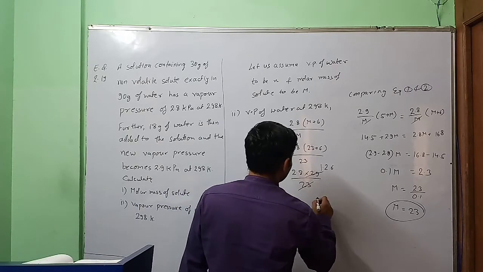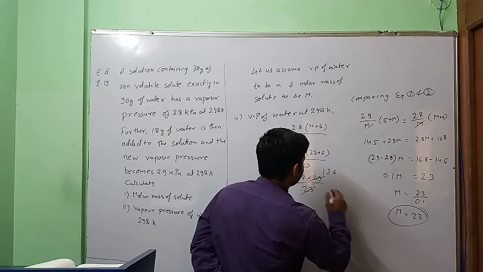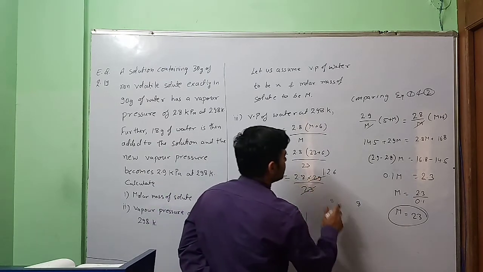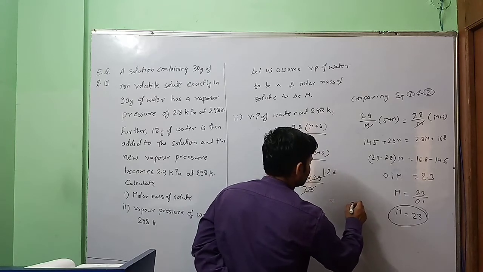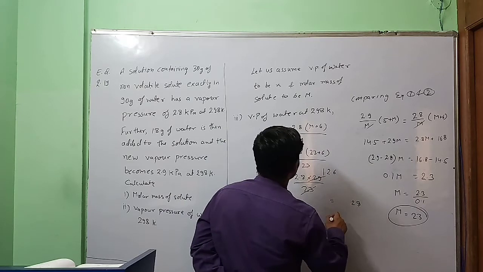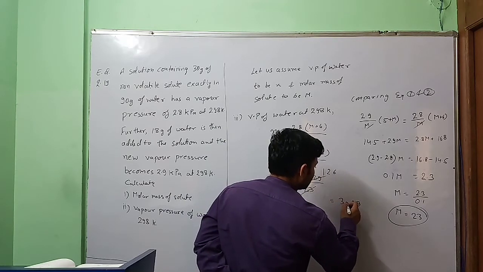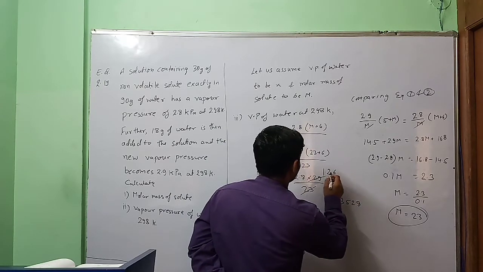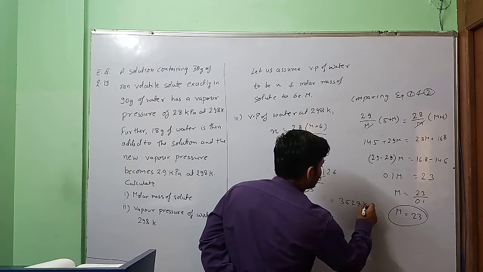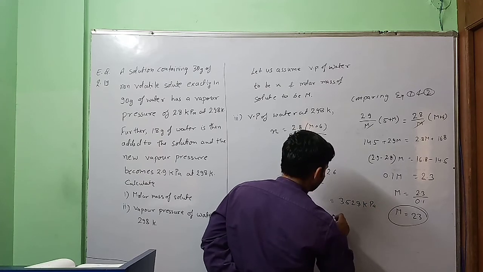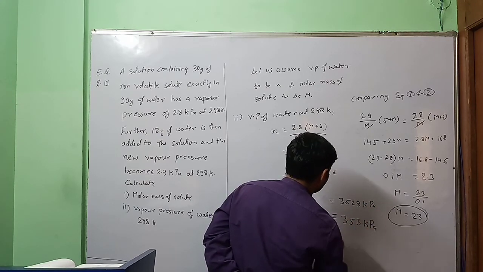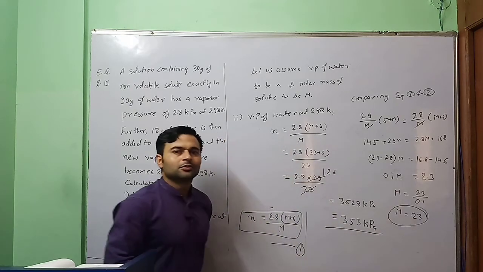So the value of X we will get: 28 into 6 is 168, 16 is carried over, 28 into 2 is 56 plus 16, that is 72, 7 is carried over, 28 into 1 is 28 plus 7 is 35. And calculating decimals, you will get 3 places here. 3.528 kilopascal equals 3.53 kilopascal. That will be the answer to the question.